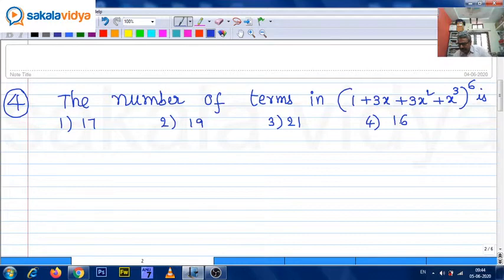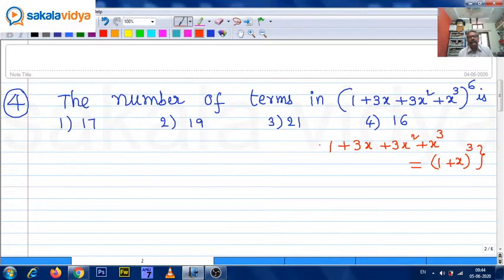So this is the problem. Now, 1 plus 3x plus 3x square plus x cube is a perfect cube. It can be put in the form of the expansion of (1 plus x) whole to the power of 3.